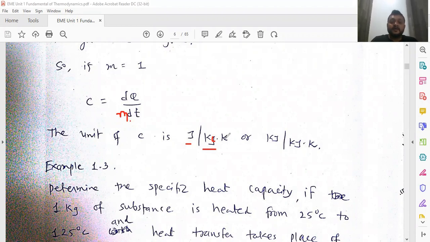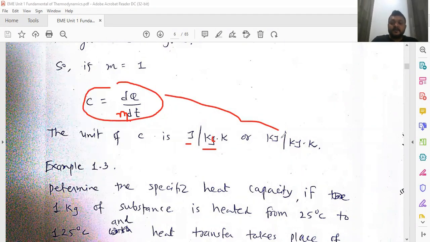M is there, according to the equation, in kilogram, into Kelvin. So that is the unit of C according to the equation. So this is kilojoule per kilogram Kelvin. By mistake I have taken kg earlier. So kilojoule per kilogram into Kelvin.